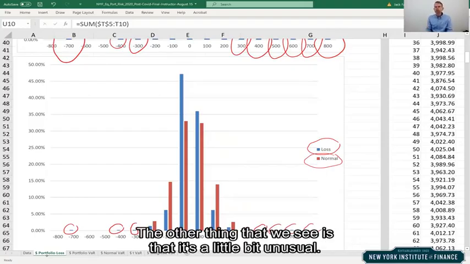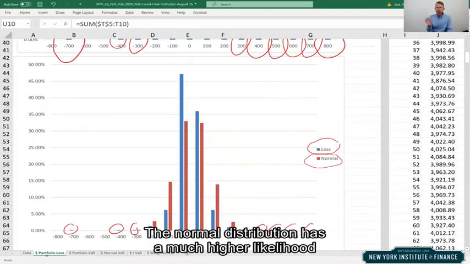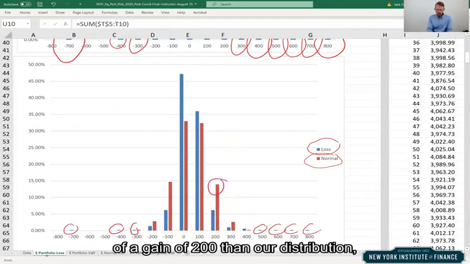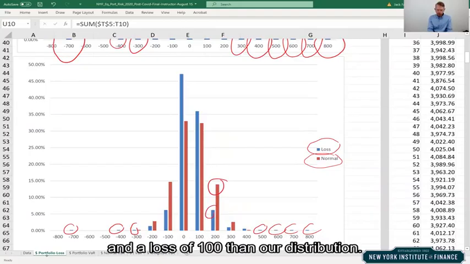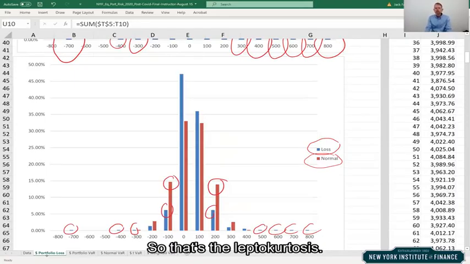The other thing that we see is that it's a little bit unusual. The normal distribution has a much higher likelihood of a gain of 200 than our distribution, and a loss of 100 than our distribution. So that's the leptokurtosis.